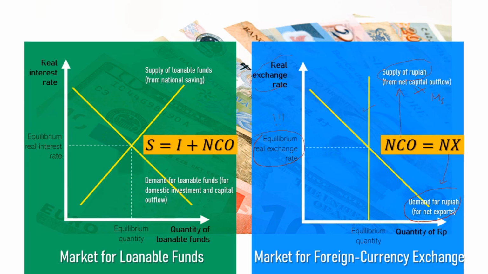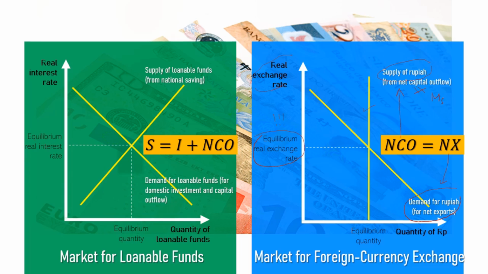If the transaction is in rupiah, foreign citizens would need to exchange their currency to rupiah for buying the goods and services. Hence, higher demand for rupiah. If the transaction is in foreign currency, domestic citizens who have received the foreign currency need to convert the money to rupiah so it can be spent in the domestic economy. Thus, again, higher demand for rupiah.